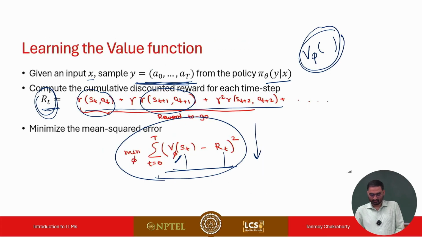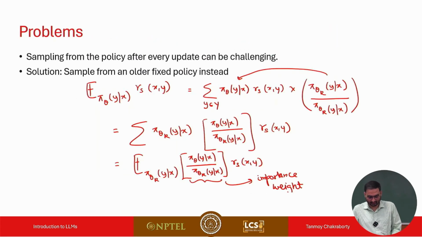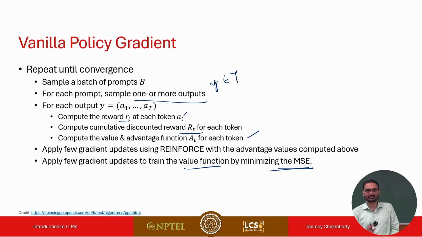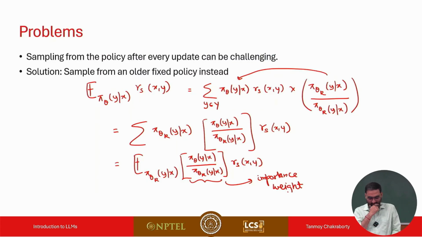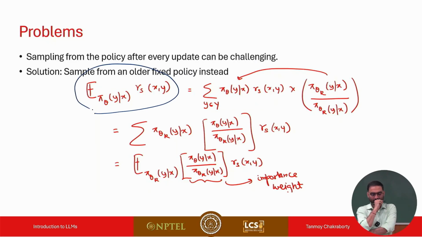Okay, that's it. But there are still some problems. So what are the problems? The problem is, if you look at the reward carefully, for every updated policy model, I am generating its corresponding response.